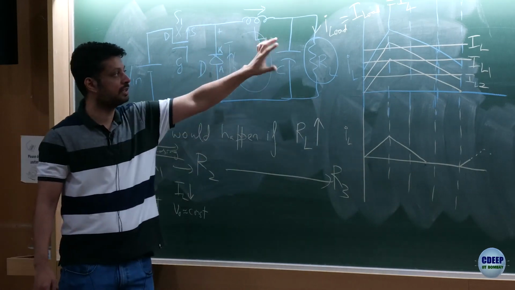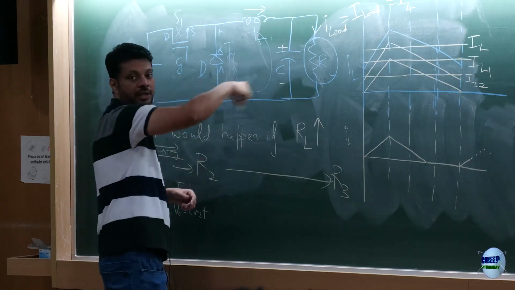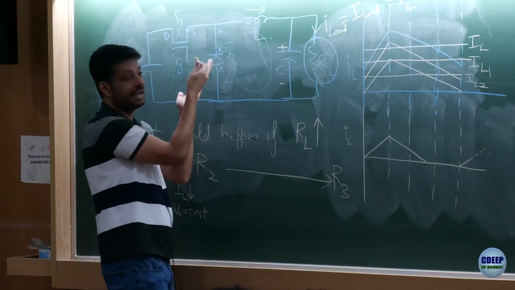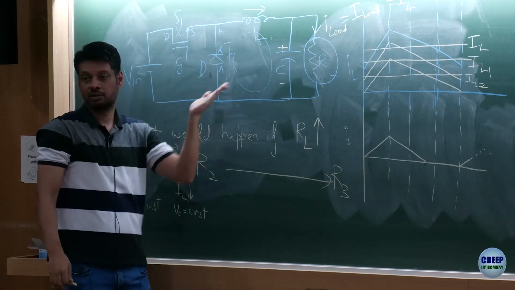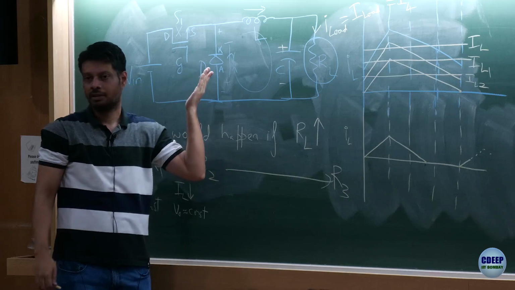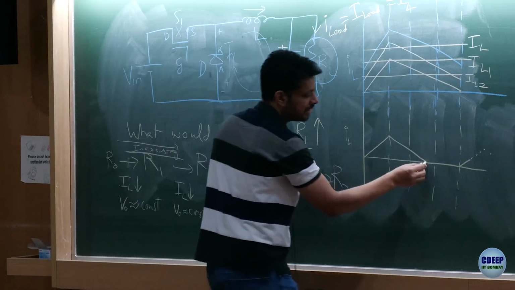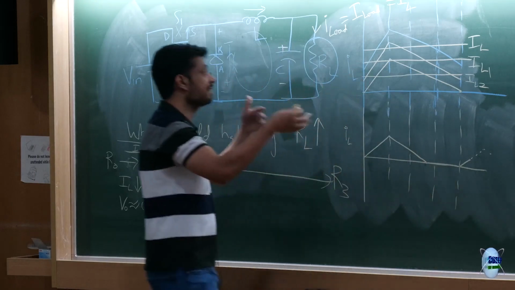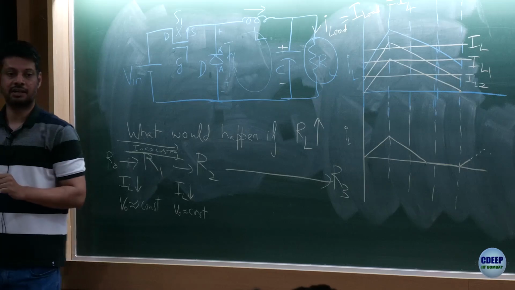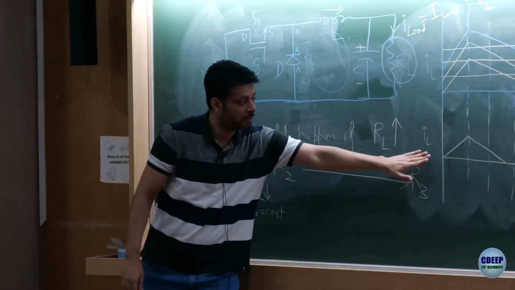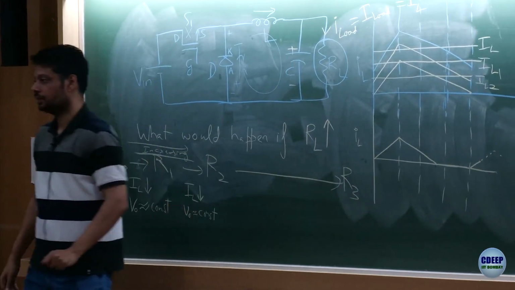But because this is a diode, it would not allow the current to flow in the back direction. So after this instant, nothing will happen. Your circuit will just remain here until the next time you turn on the switch, and then current will start rising. This is how the waveform would look if you increase the resistance to a very, very large value.